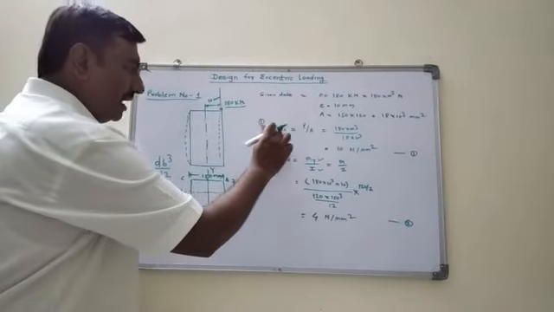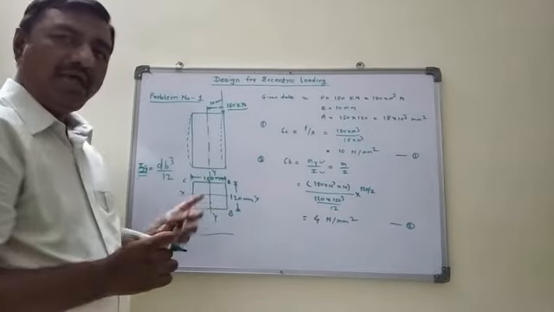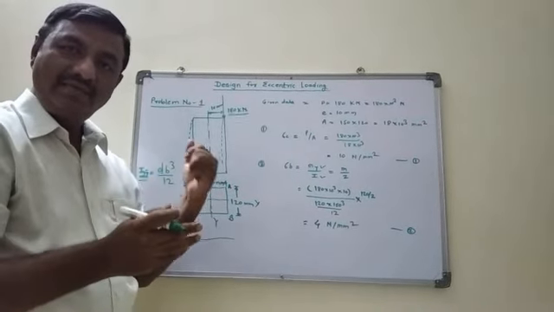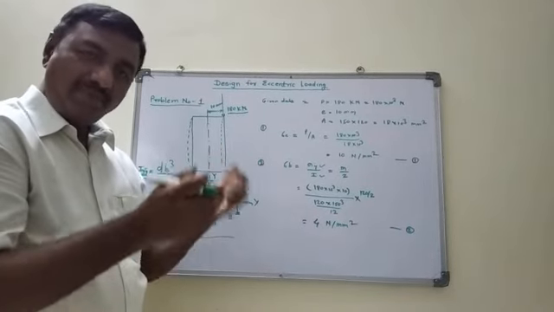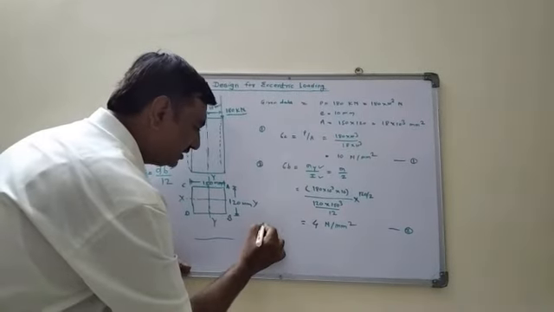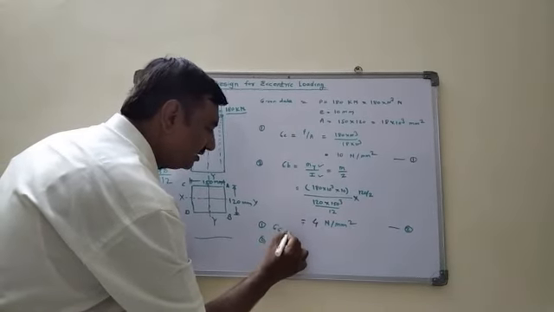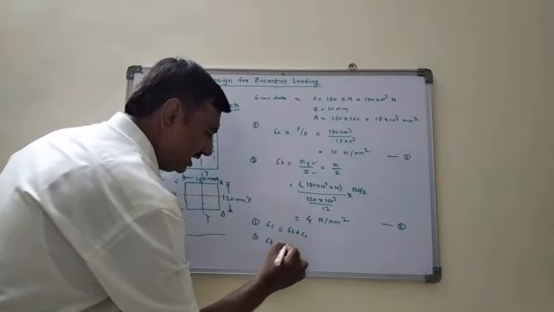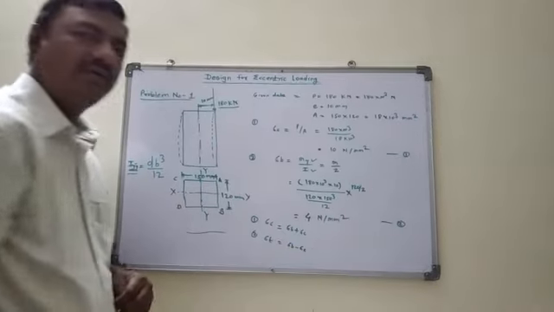Here we calculated the magnitude of the compressive stress and the magnitude of the bending stress, and now we have to combine the effect of the compressive and the bending stress. As we saw in the previous slide, with the effect of superimposing, we have the first equation, net compressive stress, sigma b plus sigma c, and the second, net tensile stress, sigma b minus sigma c.